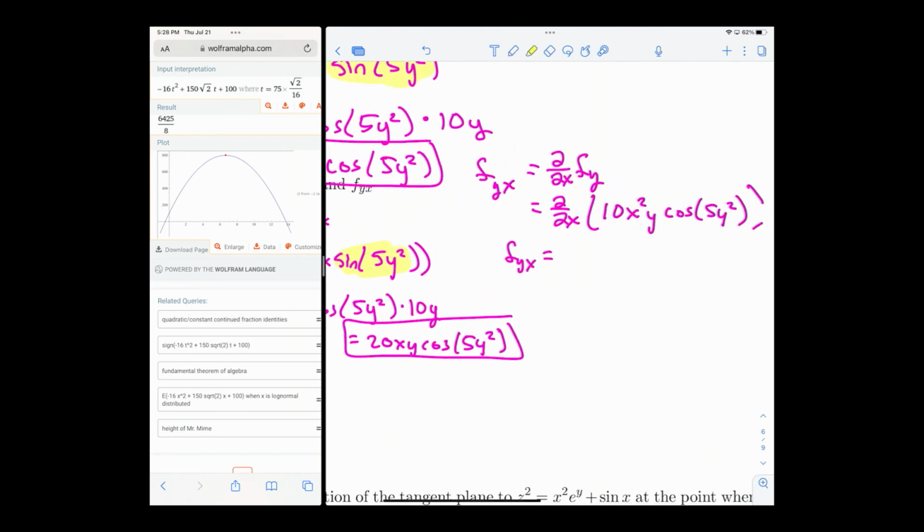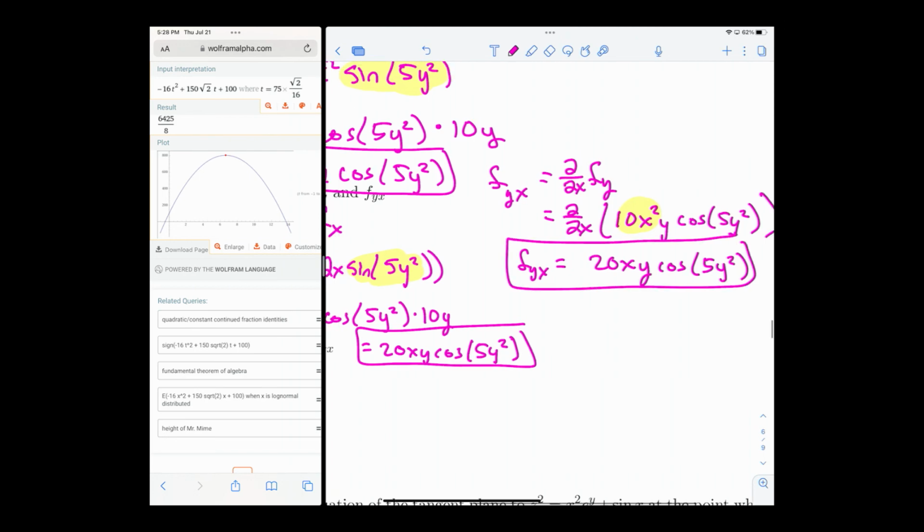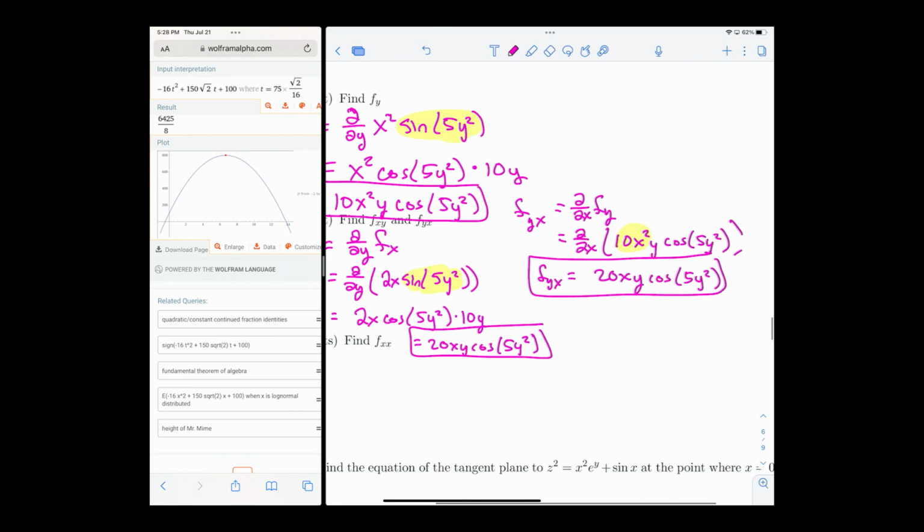The only place where there's an x is right here. So the partial derivative of 10x squared is 20x. So you have 20xy cosine 5y squared. There's that one. And of course, the point is that this and this are the same.